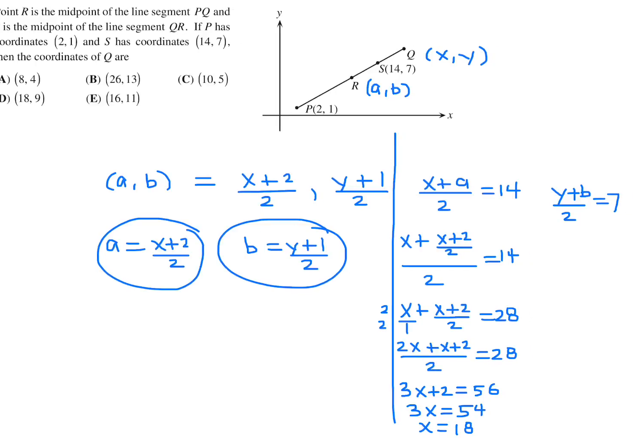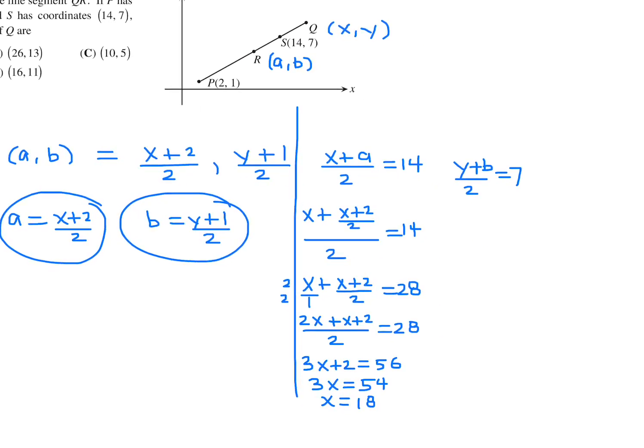All right? And in a very similar way, we're going to figure out B now. Y plus B, which is y plus 1 over 2, all over 2 is 7. So y plus 1 over 2 is 14. And then multiply top and bottom by 2.